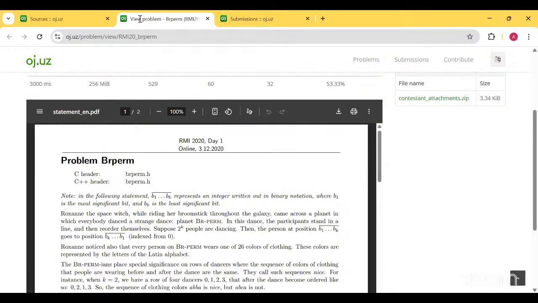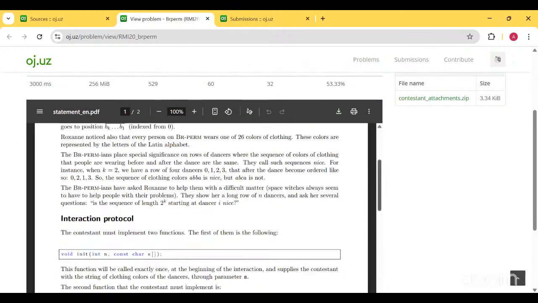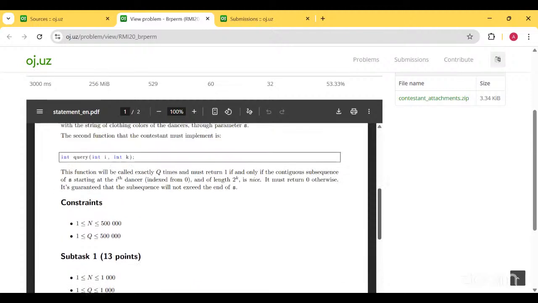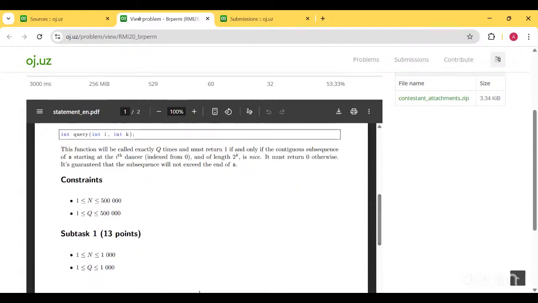Okay. So do you have any idea for the second subtask? Anyone got the idea? Okay. I think Chiche got some idea. Okay. All right.